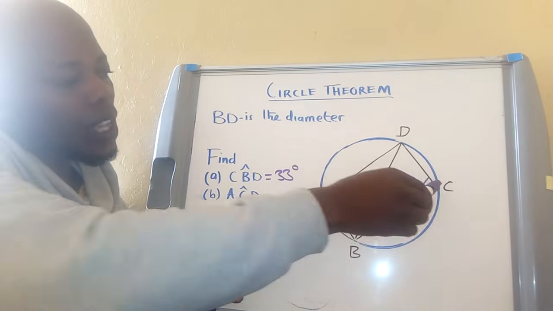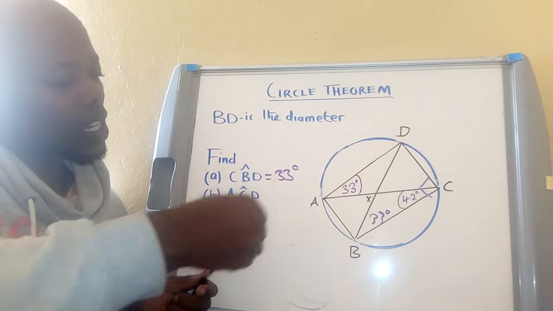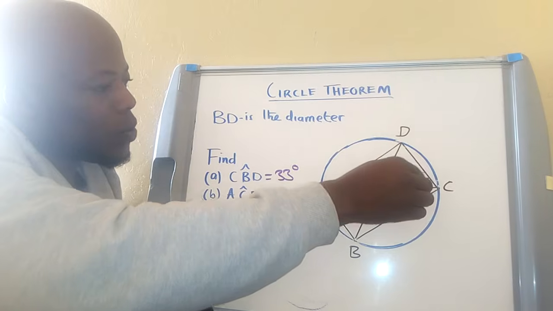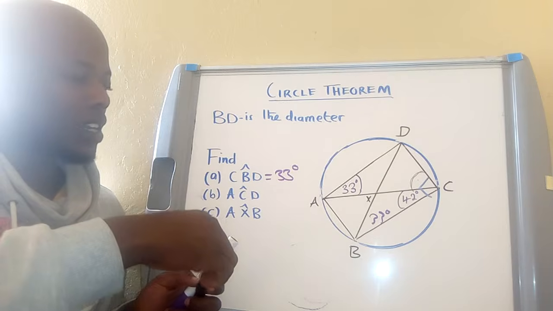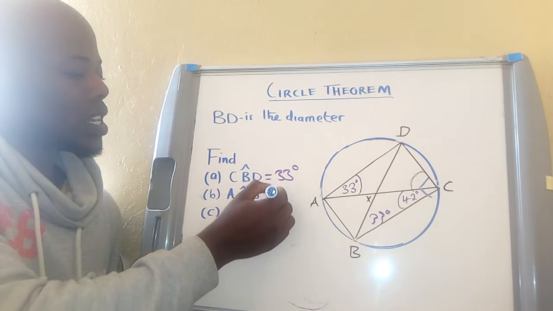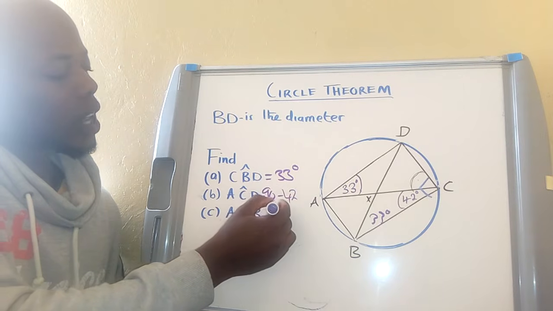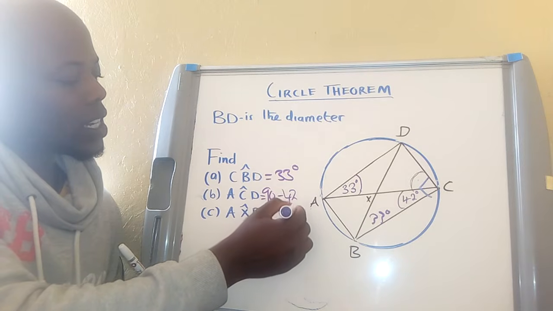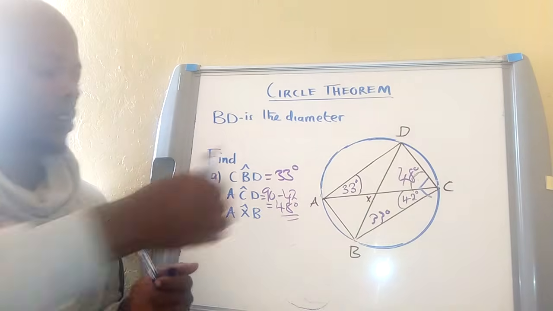So if this is 90 degrees and we want to find the angle ACD, we know that the total of this and this is 90 degrees. What are we supposed to do? We just say 90 degrees minus 42. So the answer we'll get here will be 48 degrees. So this is 48 degrees.